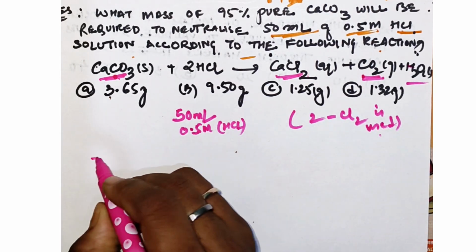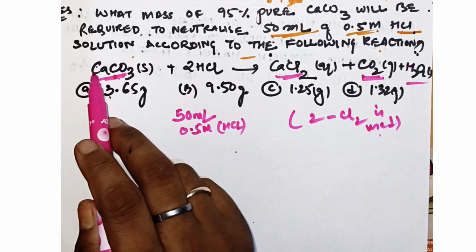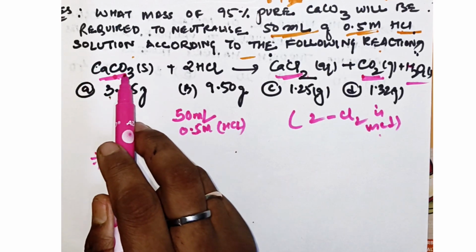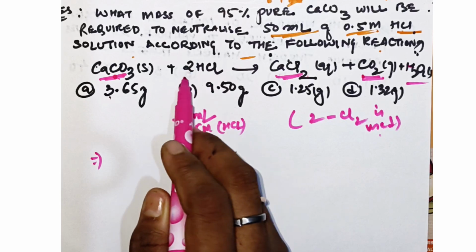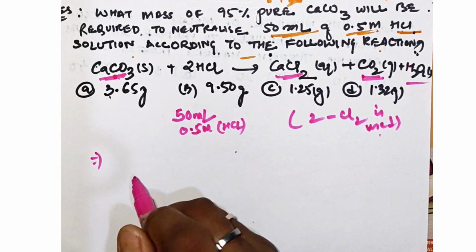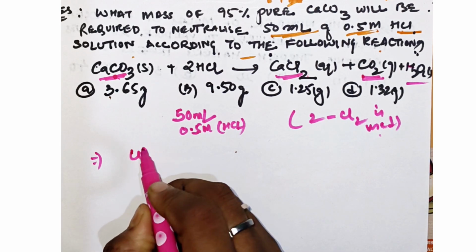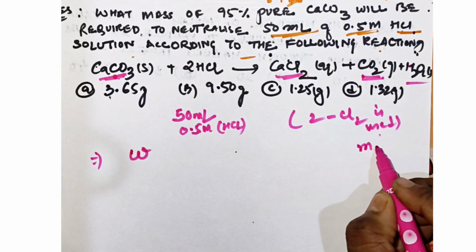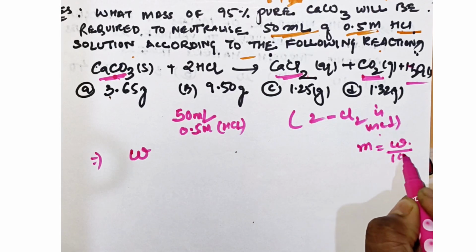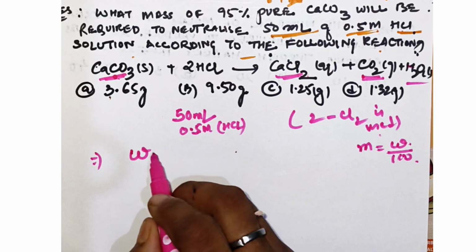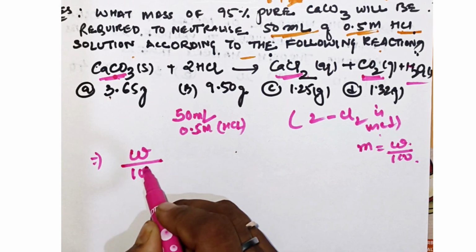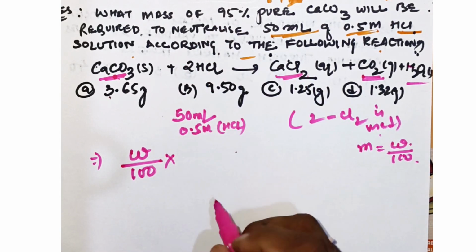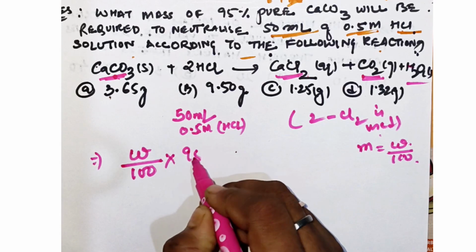Now whatever the weight of CaCO3 will be there, it is neutralized by your HCl. So the mass is nothing but weight by 100 of 95%, since 95% is given to you.